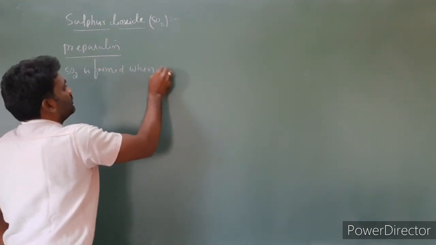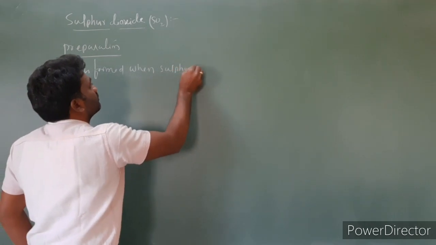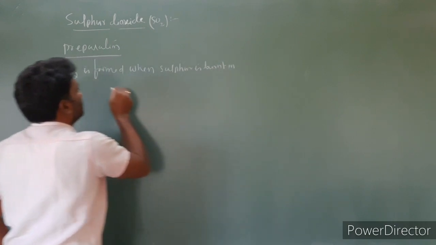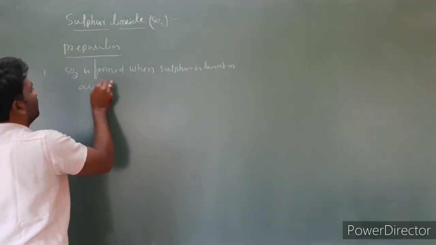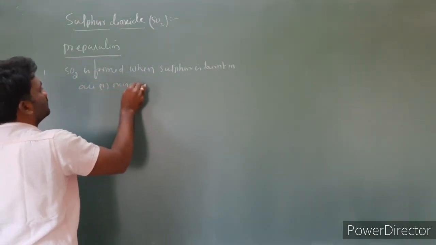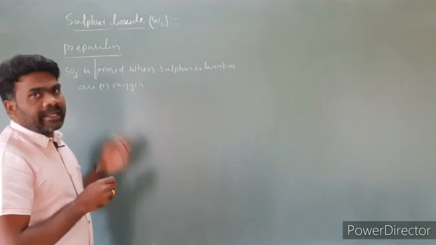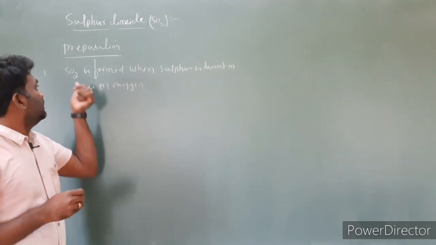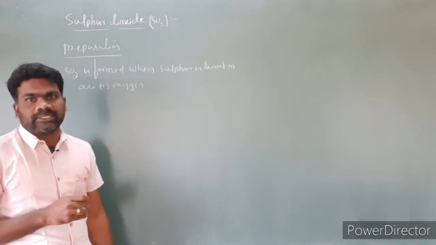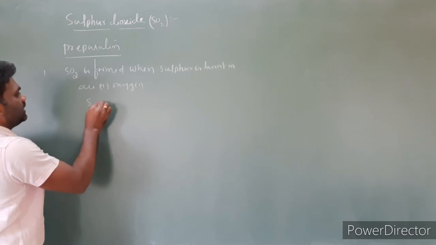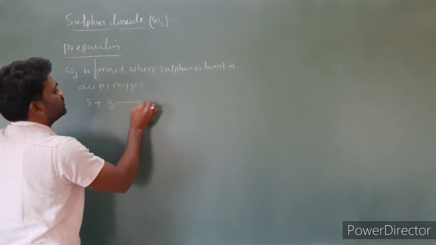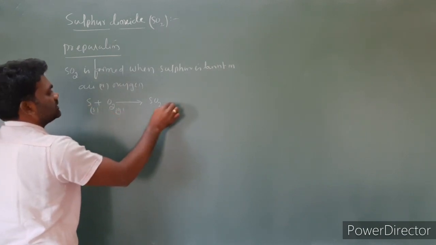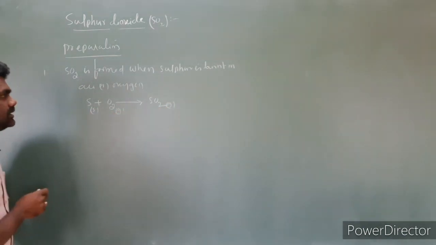Sulfur trioxide also is formed when sulfur is burnt in air. Sulfur dioxide is formed and sulfur trioxide also is formed. Then S plus O2 gives rise to SO2. So S is a solid and SO2 is a gas. This is the first one.